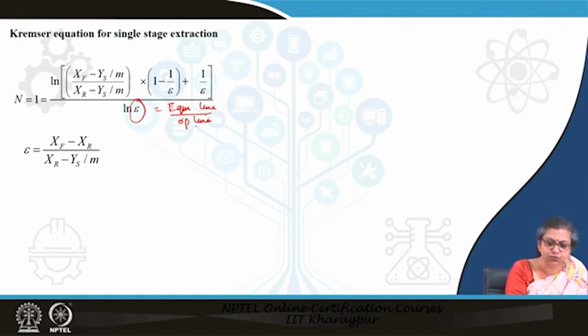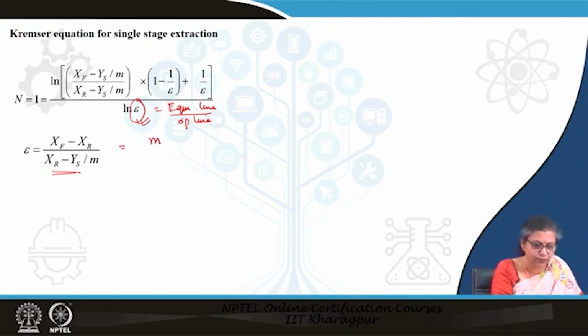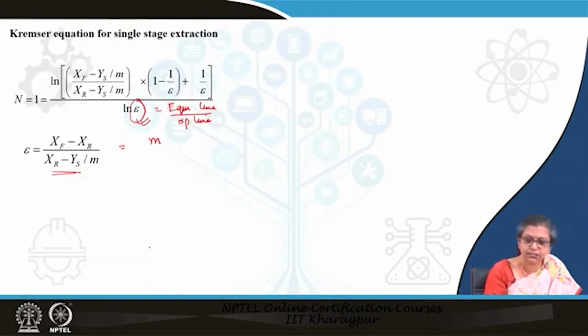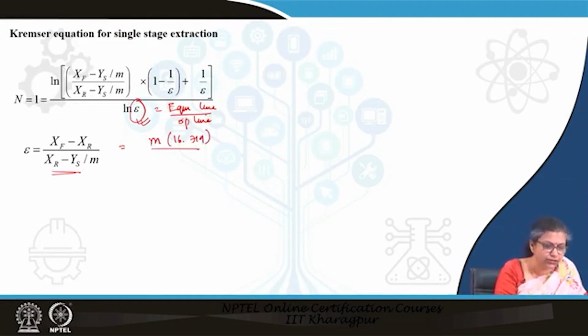So, we use this particular equation to find epsilon. Once simplified for n equals 1, we get this. Once we know epsilon, what is this? This is equal to the slope of the equilibrium line, which I had already mentioned, 16.719, divided by the slope of the operating curve.